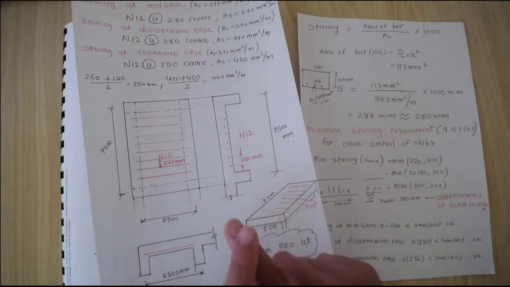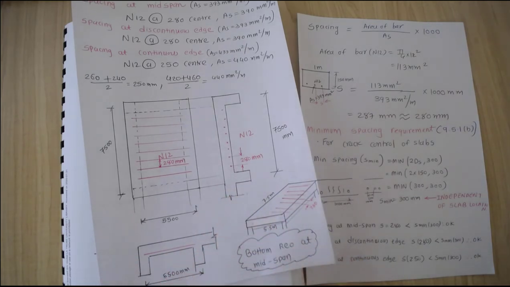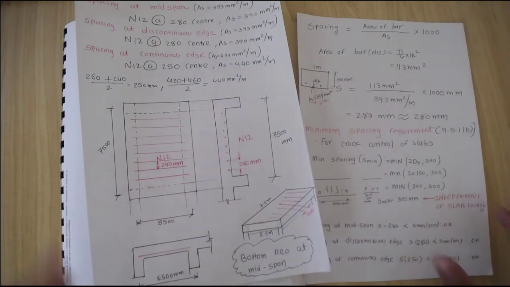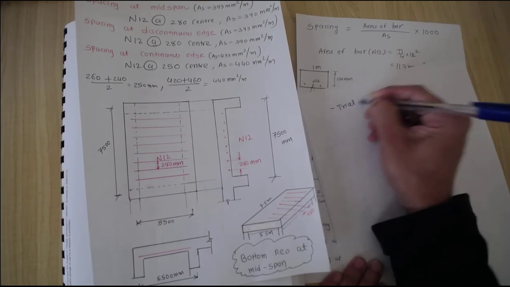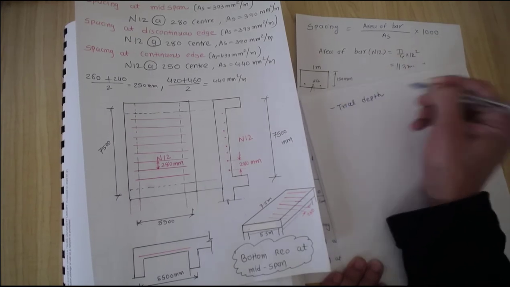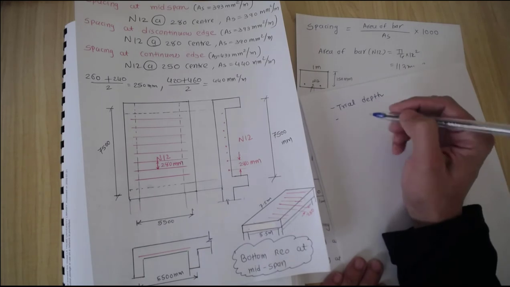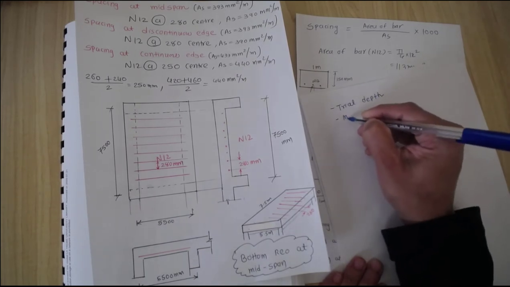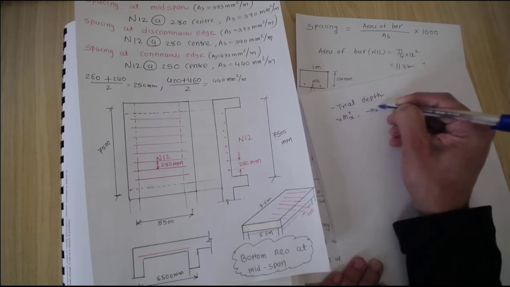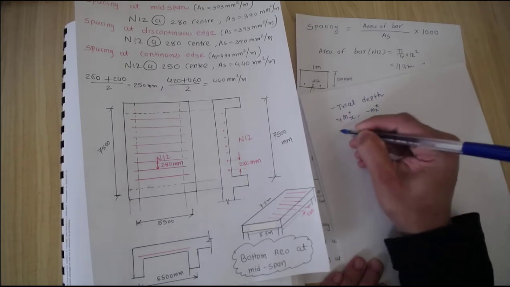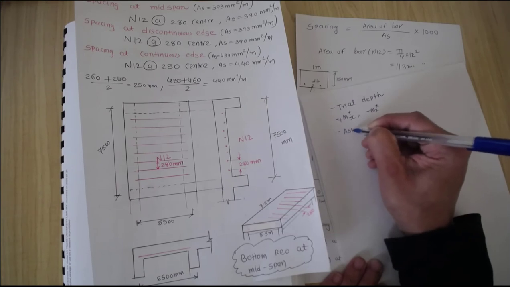For reinforcement, I will just summarize what we did. Let me write down the steps so it can be helpful. We assumed the trial depth, and then we did the deemed-to-comply check, and then we calculated the Mx positive and Mx negative values for continuous and discontinuous edges, and then we calculated the Ast at different locations.